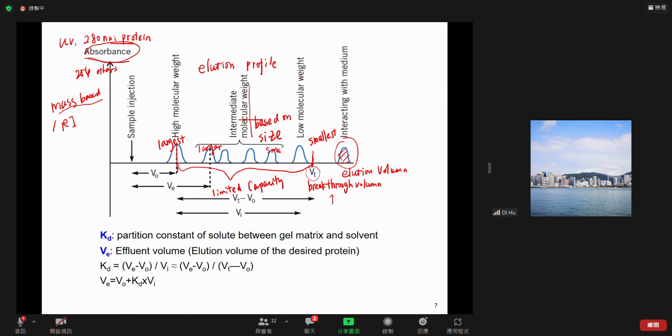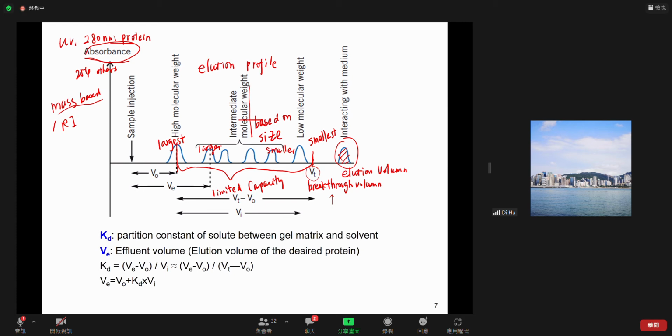The larger one comes out first, and the smaller one comes out later. So elution volume is a function of molecular size. For a polymer, as the size increases the molecular weight increases, so it's indirectly related to molecular weight. Okay, I hope that is clear.